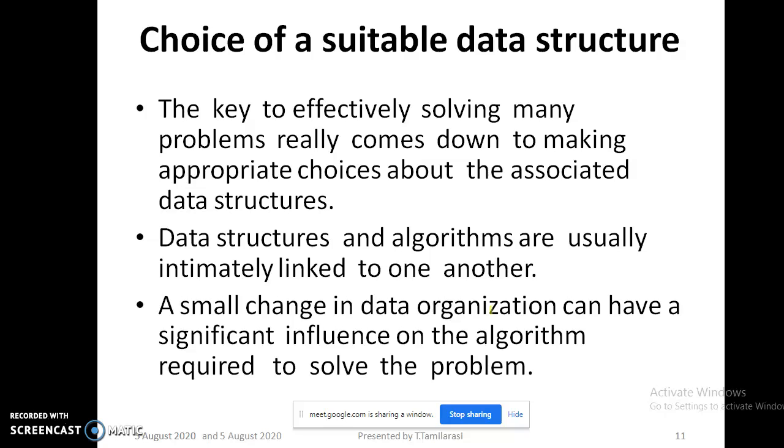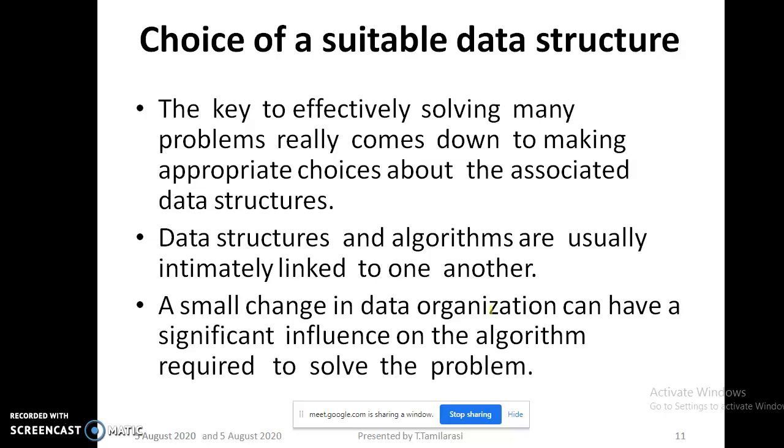Array, stack, queue, linked list. These are all linear data structures. Example for non-linear data structures: trees, maps, tables.